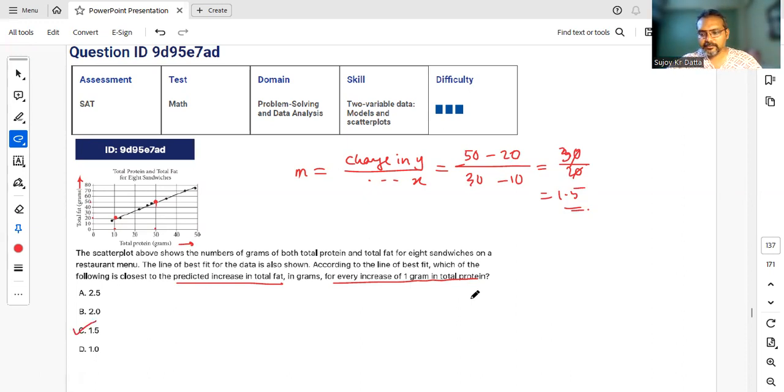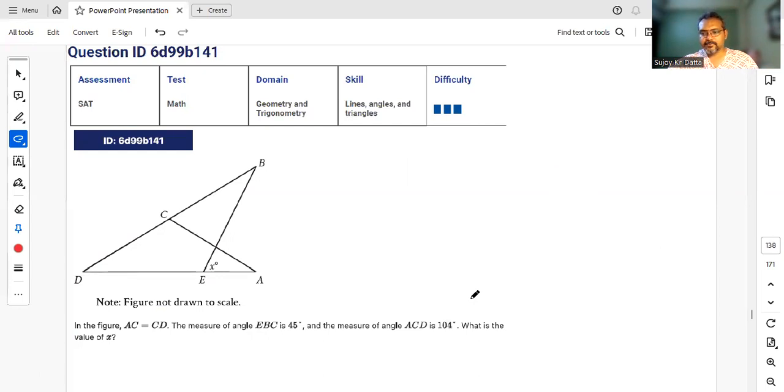All right, let's go to the next question. So some geometry now. What's it saying? In the figure AC equals CD. So that's your isosceles. The measure of angle EBC is 45. Measure of angle ACD is 104.